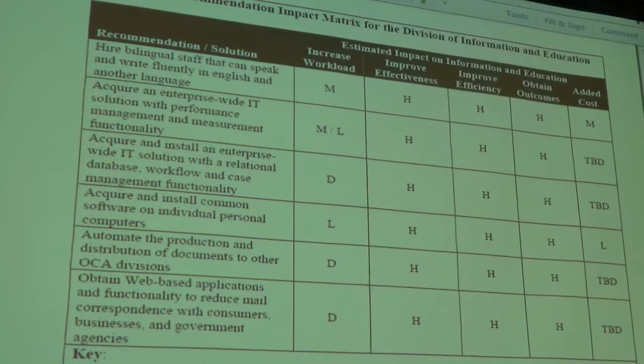Again, if you look at some recommendations, we estimate they have a low, a decrease impact on workload. All of them will have a high impact on effectiveness. Other recommendations will have a high impact on effectiveness, efficiency, and on outcomes. And again, a decrease to a moderate increase in workload.